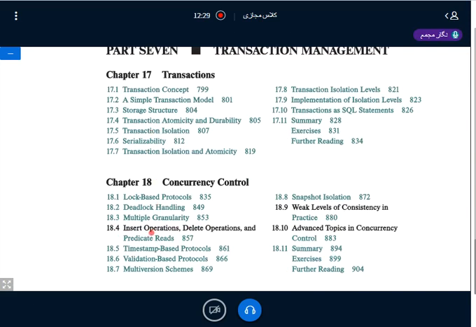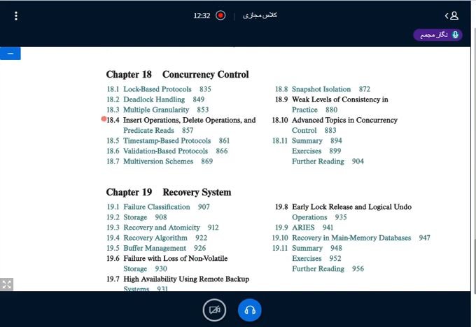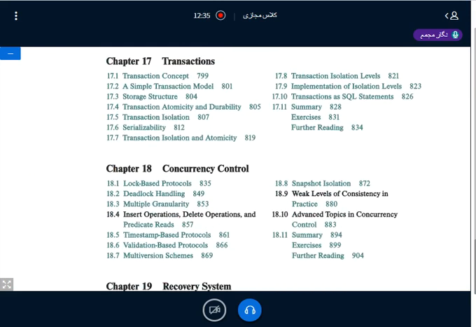If we have time, we can continue with chapters 17 and 18. In the last semester, I didn't have time for teaching these two chapters, but this semester, if we have time, we will talk about them.